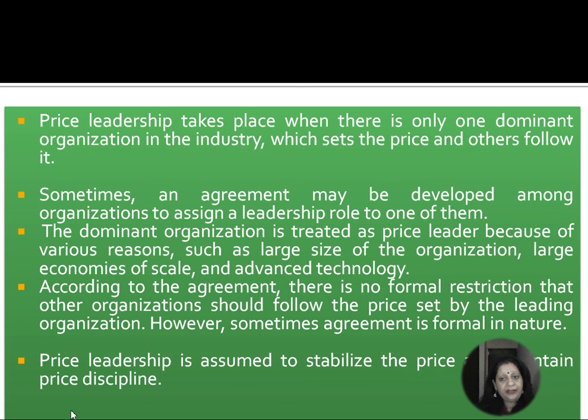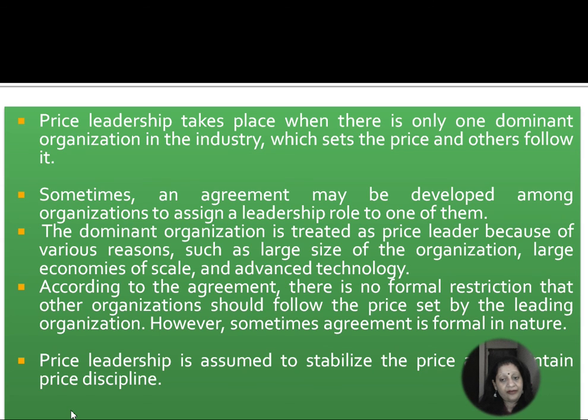Sometimes an agreement may be developed among organizations to assign a leadership role to one of them. The dominant organization is treated as price leader because of various reasons such as large size of organization, large economies of scale and advanced technology.